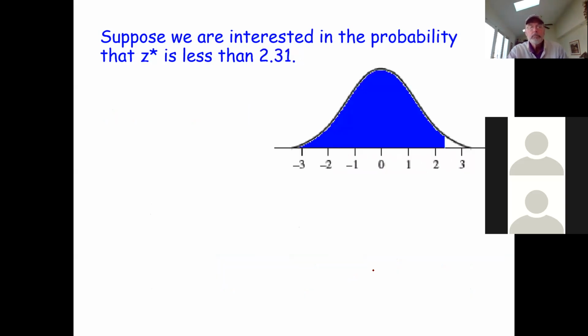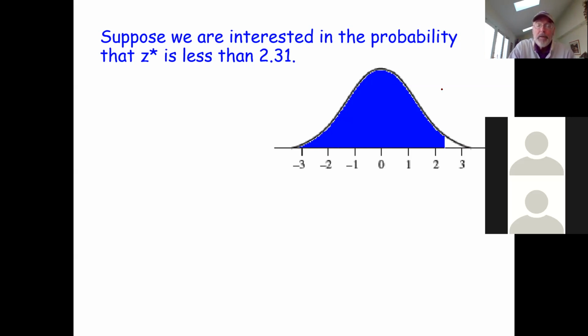All right. Same thing here. As we cross over from -3 all the way to +3, the shaded area under the curve is growing. And the Z-score for this is going to be 2.31. All right, that's right here. Now, what's the probability of less than 2.31? Okay, it's a lot larger than the last one.